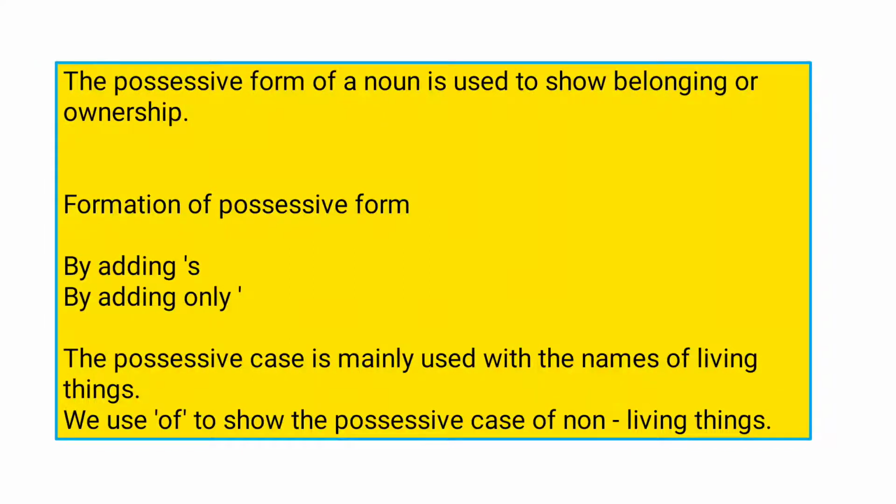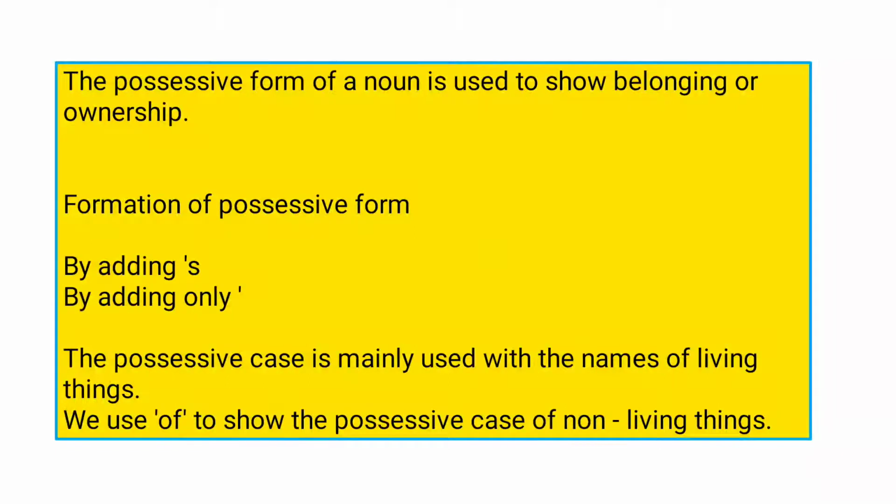And two important points we have also discussed in the previous class. The possessive case is mainly used with the names of living things. And we use the preposition of to show the possessive case of non-living things.